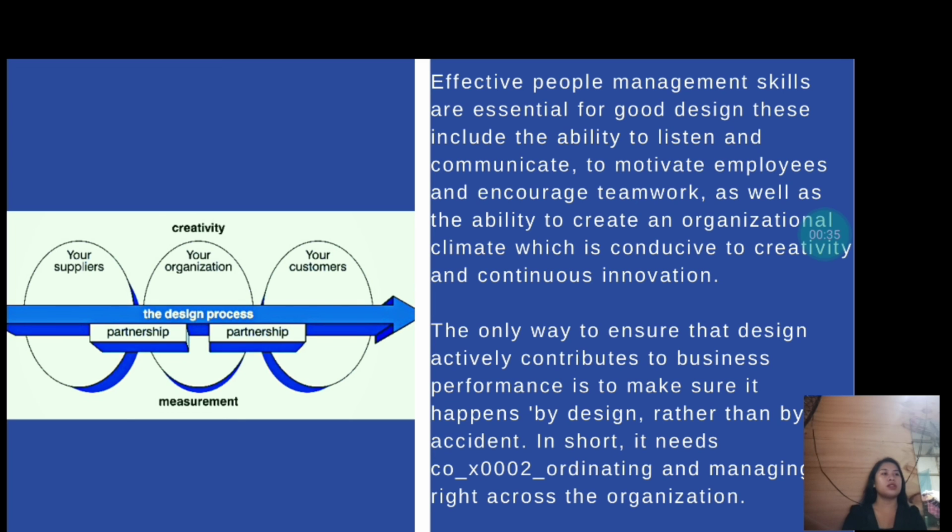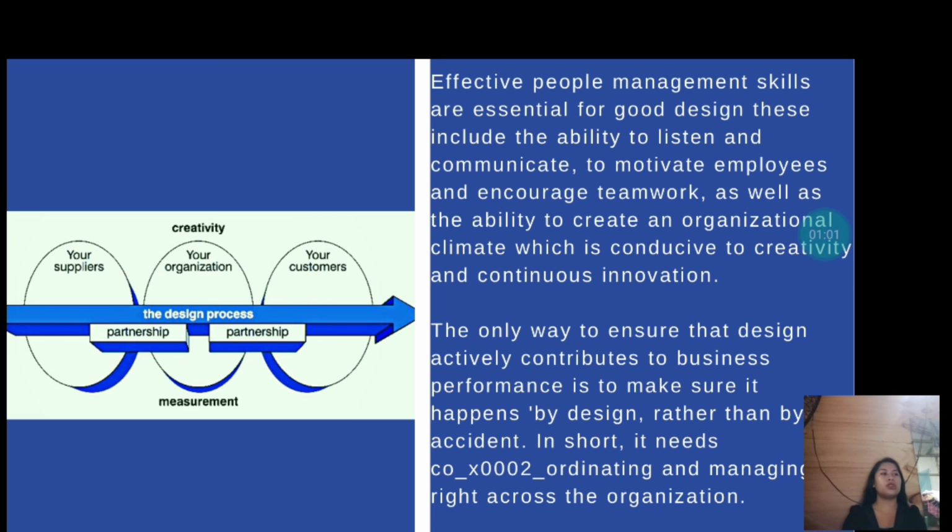Next is the direct communication or partnership of the organization with the customers. As I have mentioned earlier, the customers are the main target of the design and plans the organization makes.